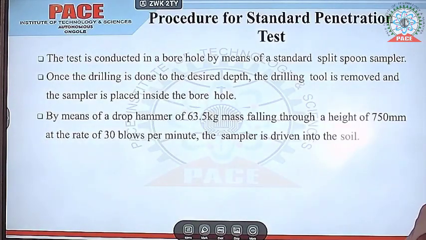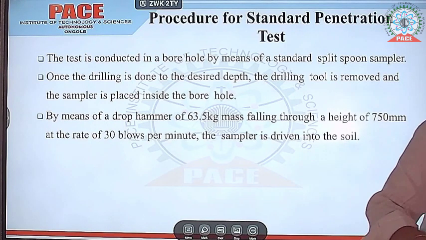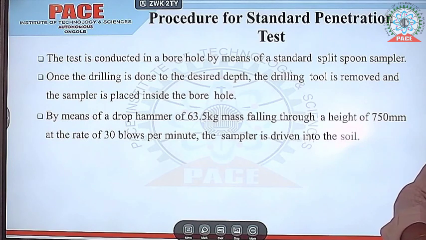Mainly the test is conducted in a borehole by means of a standard split spoon sampler. Once the drilling is done to the desired depth, the drilling tool is removed and the sampler is placed inside the borehole. By means of a drop hammer, a 63.5 kg mass falling through a height of 750 mm at a rate of 30 blows per minute, the sampler is driven into the soil.